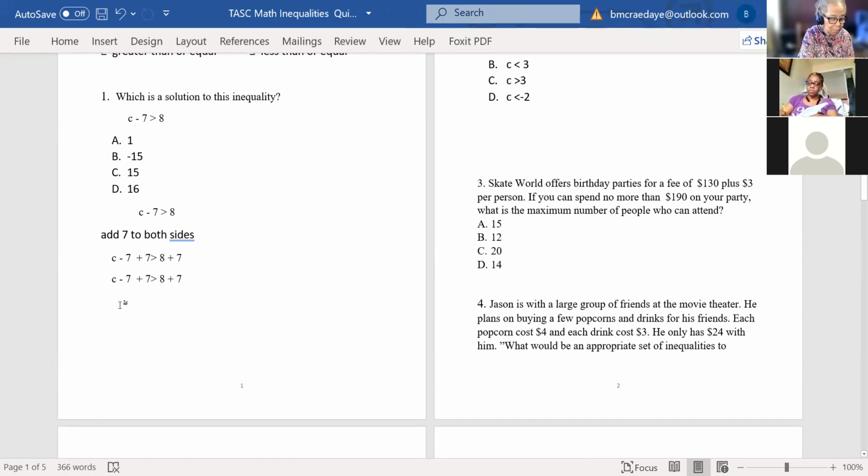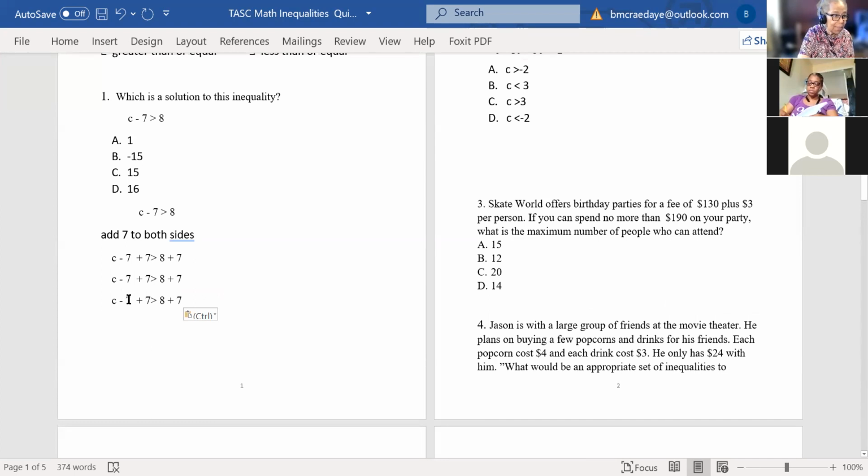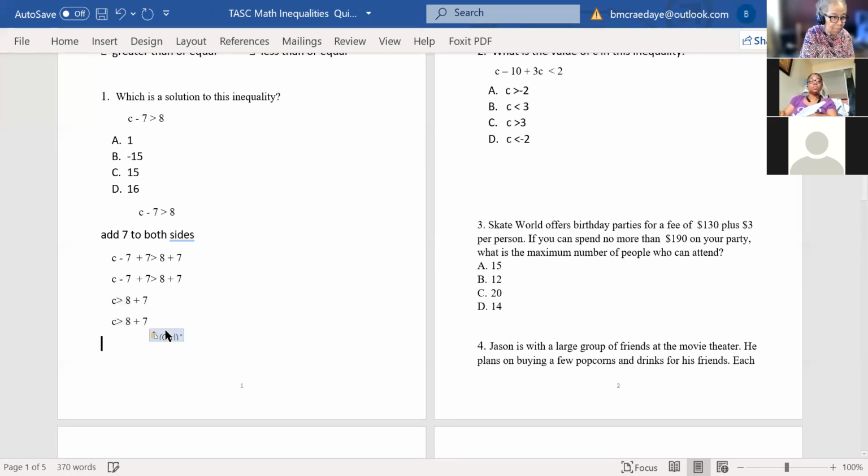So we're left with just C, like Vanessa said. Now, Vanessa, what do we get on the right side? 15. Okay, so let's just copy this. Add the 8 and the 7, and that gives you 15. And that's your solution.